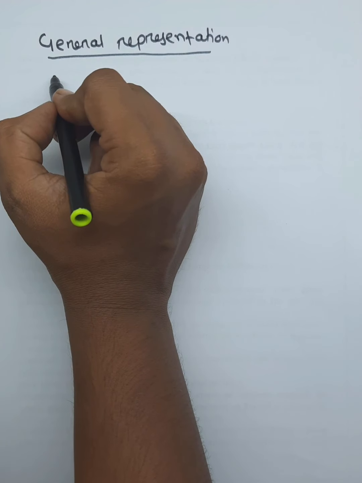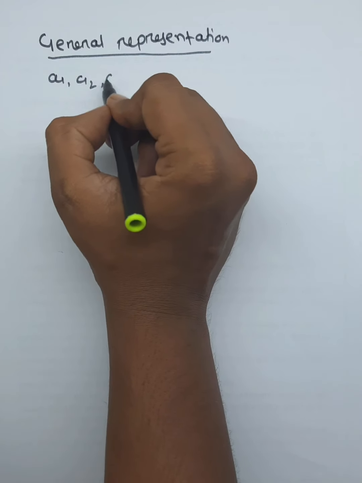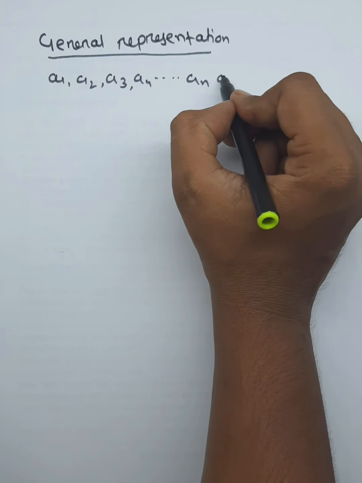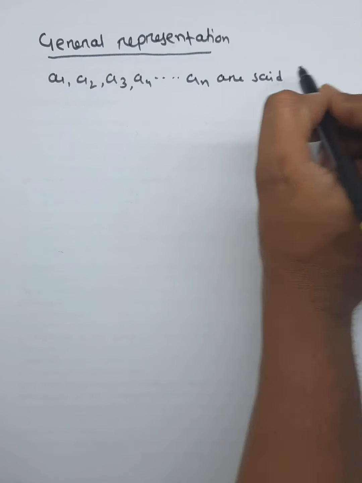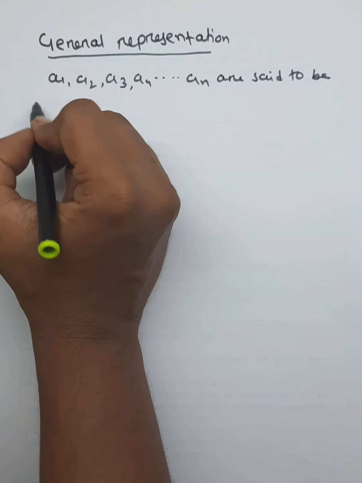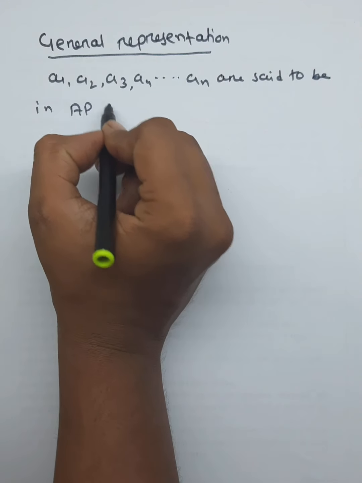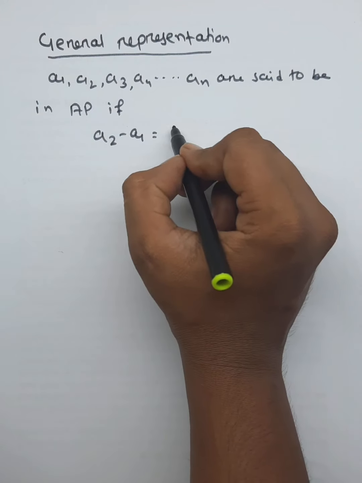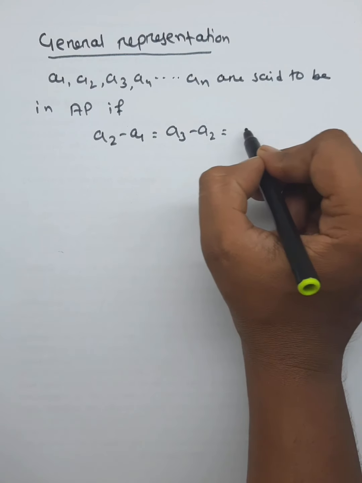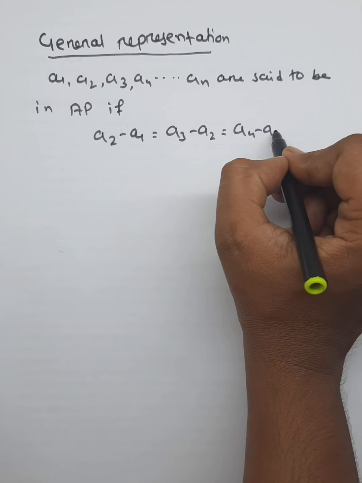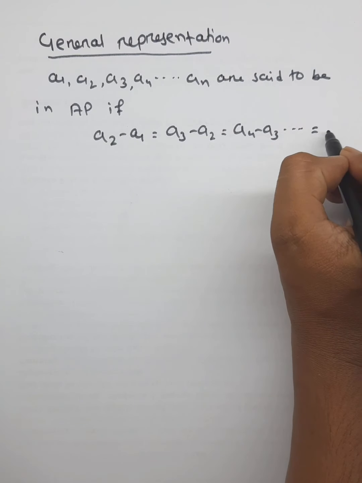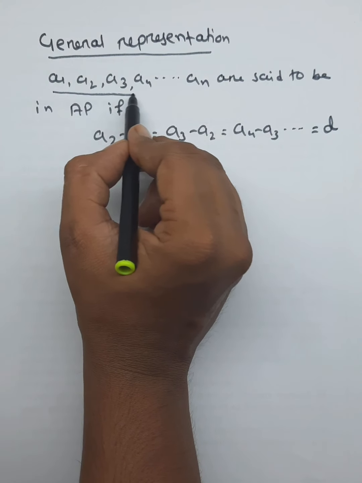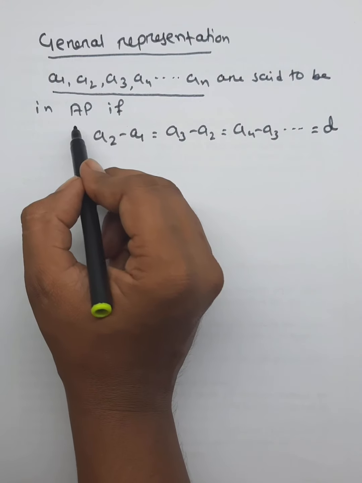Numbers A1, A2, A3, A4 and so on are said to be in AP if A2 minus A1 equals A3 minus A2 equals A4 minus A3, and so on, which is equal to D. Then only we can say A1, A2, A3, A4 up to N are in AP.